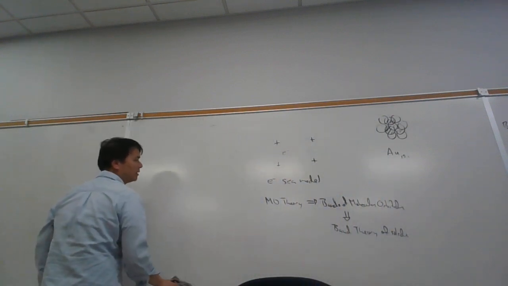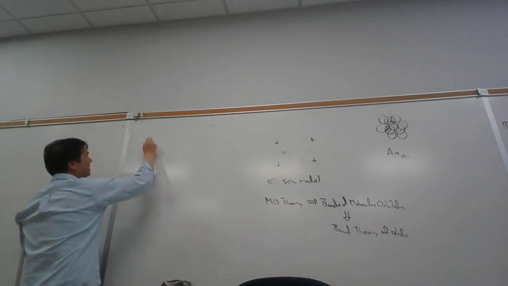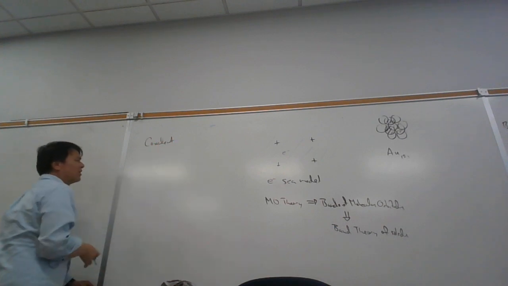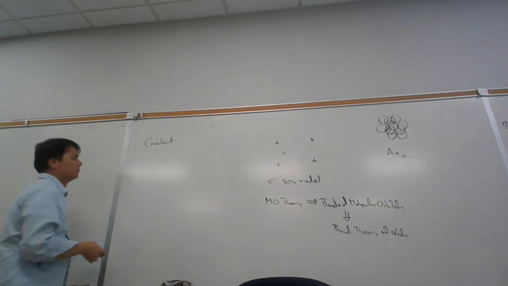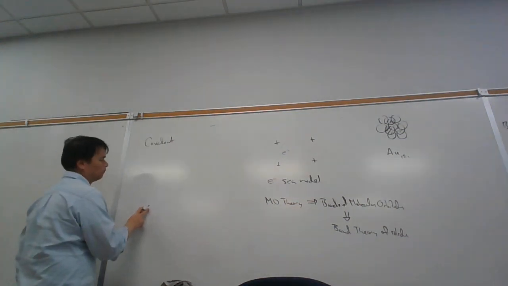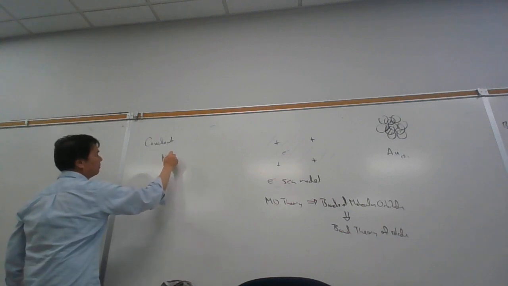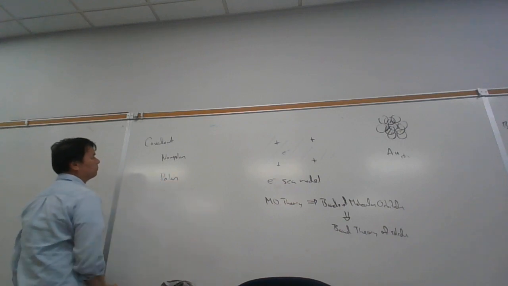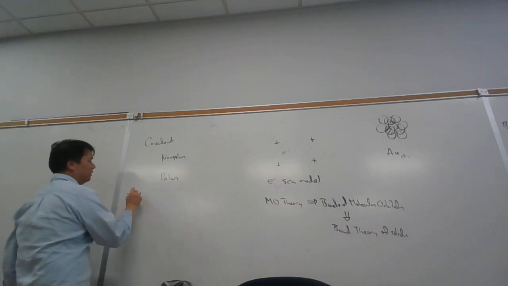In addition to metallic bonds, we have covalent. And there's two broad categories of covalent bonds. What are they? Nonpolar and polar. And then we have the most polar.